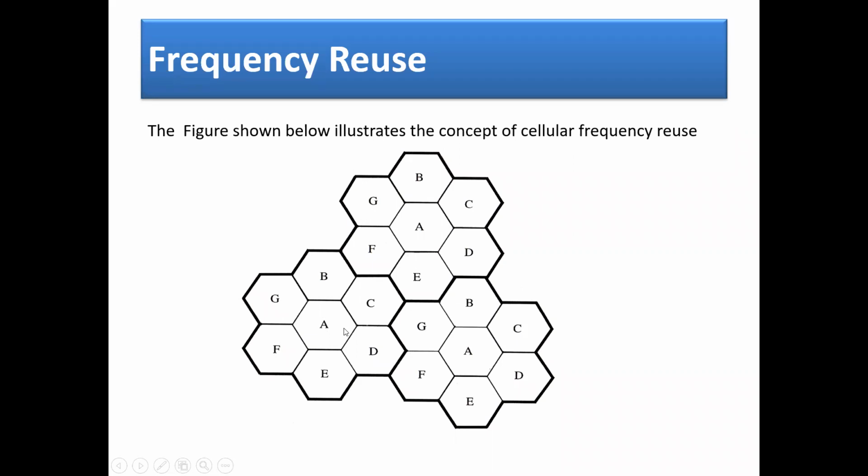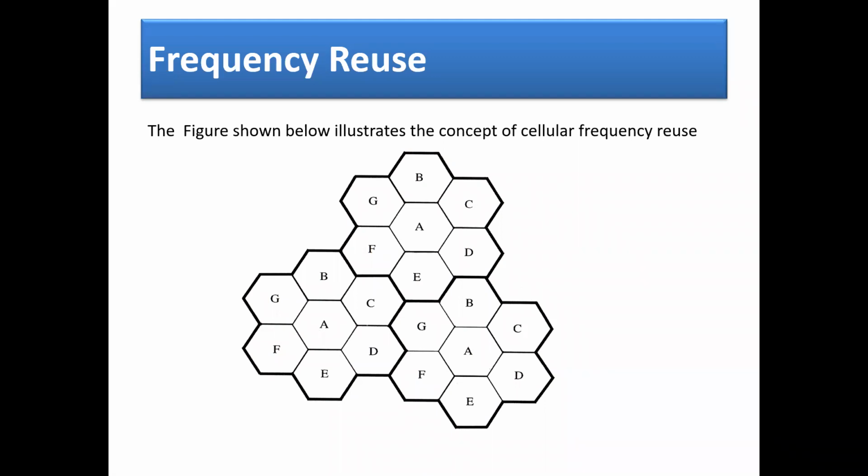Now, at the beginning, I'm going to talk about the cell A. Look, please, the cell A. Here we have cell A, and cell A. These 3 cells, look please, these 3 cells carry the same frequency channels, or we have allocated the same groups of frequencies to these 3 cells.